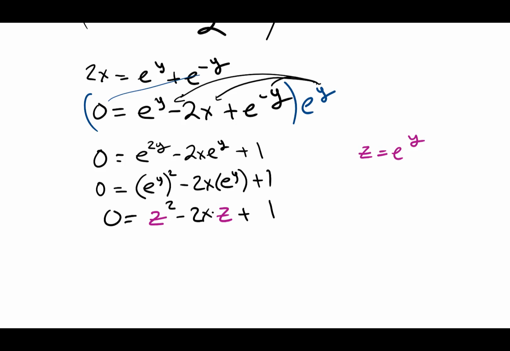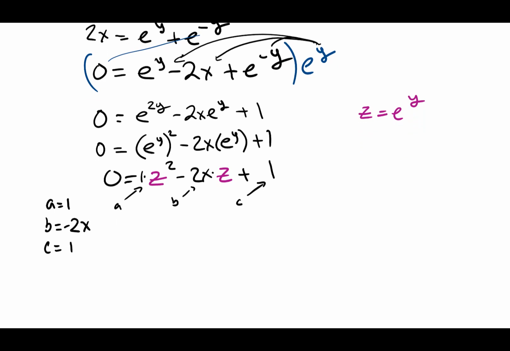If you could just imagine that x wasn't there, wouldn't this be kind of like a quadratic? Where we could say that our a is equal to 1, our b, let's call it that negative 2x, and our c is equal to 1.